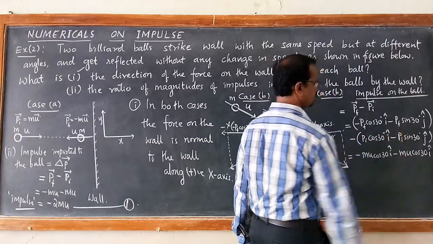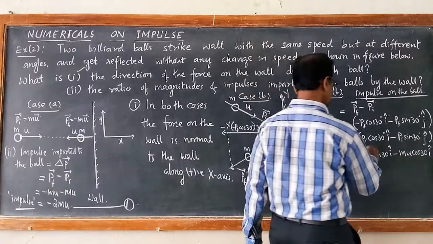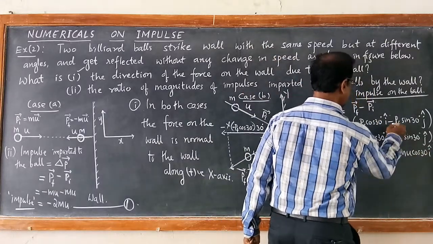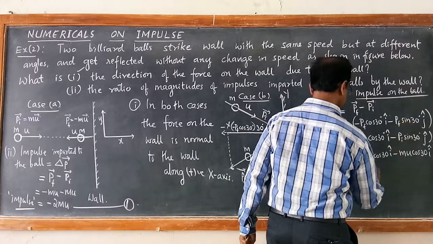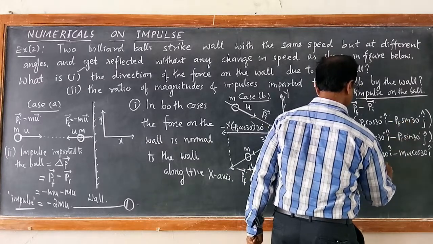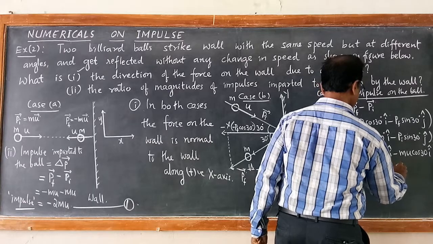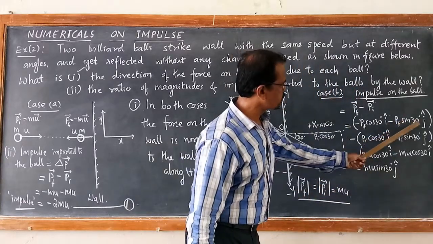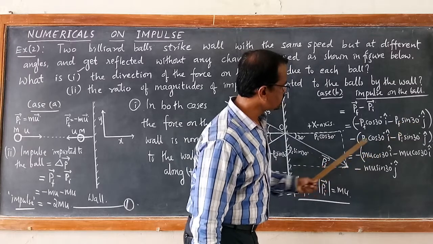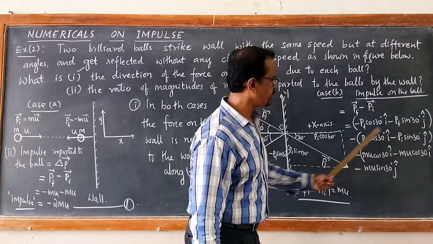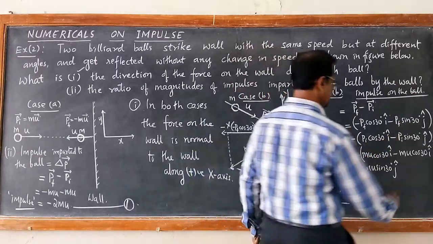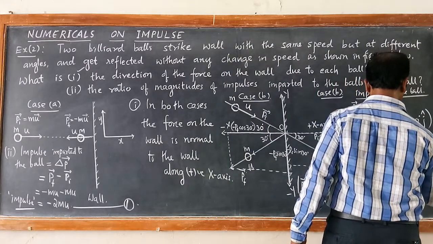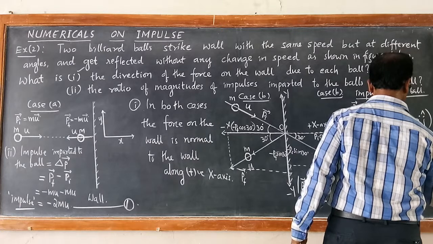Now you club j cap: minus mu sin 30 j cap, minus into minus, minus of minus becomes plus, plus mu sin 30 j cap.